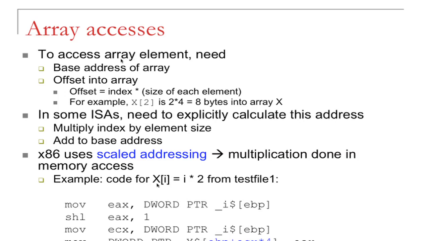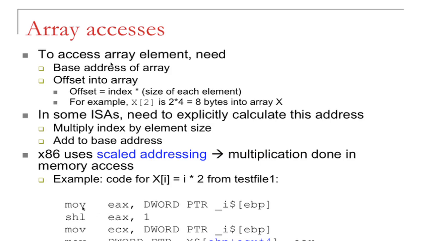For example, if we want access for our code, we want to assign to the value of the ith element of array X, we assign twice of the index. The way we do it is by using the following 4 instructions. First, we load the value of index, the variable I, into EAX.